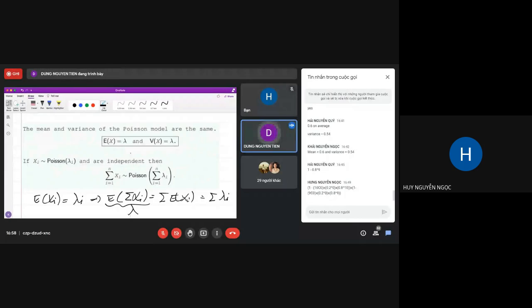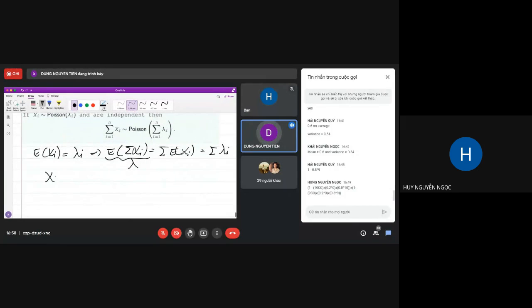You can think about it this way. Suppose that X1 is the number of red cars, X2 is the number of blue cars, and X3 is the number of black cars, and suppose that they are independent. In reality, they are not really independent, but under some situations we assume that they are.